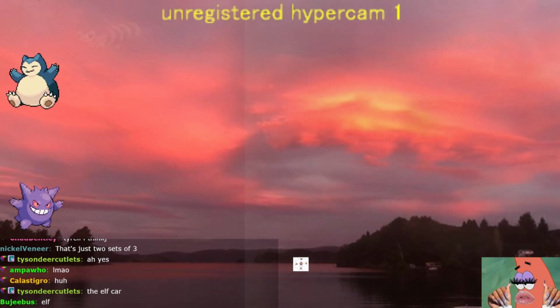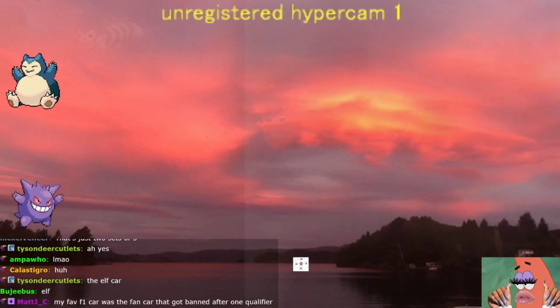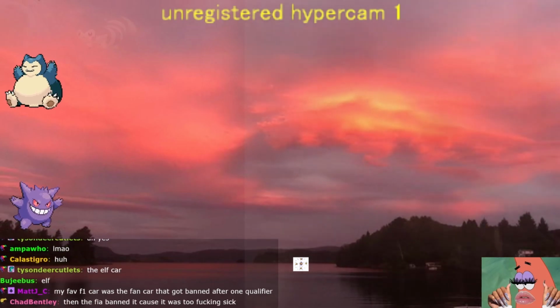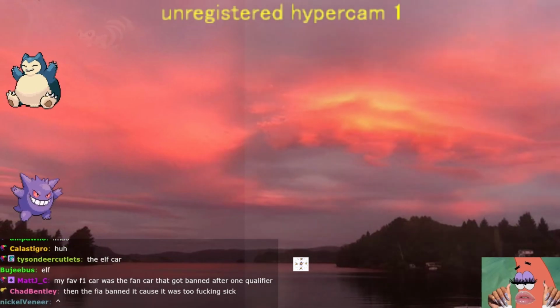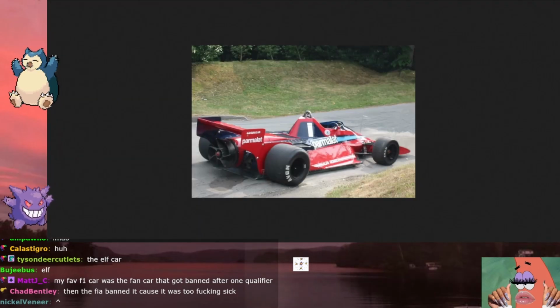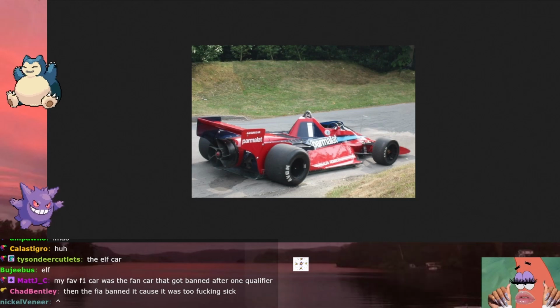There's also the fan car. The Brabham. This one. Had a little fan on the back.